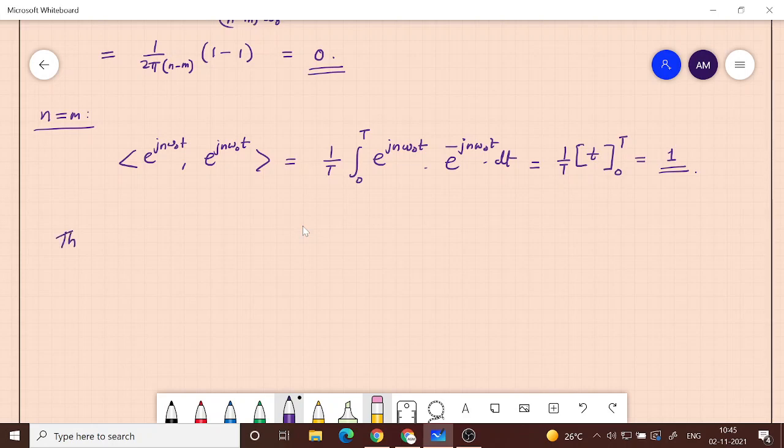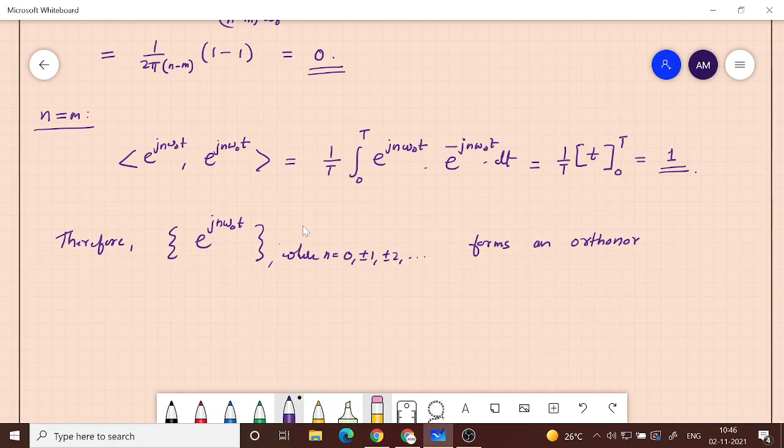Therefore the set of functions e raised to j n omega 0 t, where n is equal to 0, plus or minus 1, plus or minus 2, etc., forms an orthonormal set. This is in addition to orthogonality.